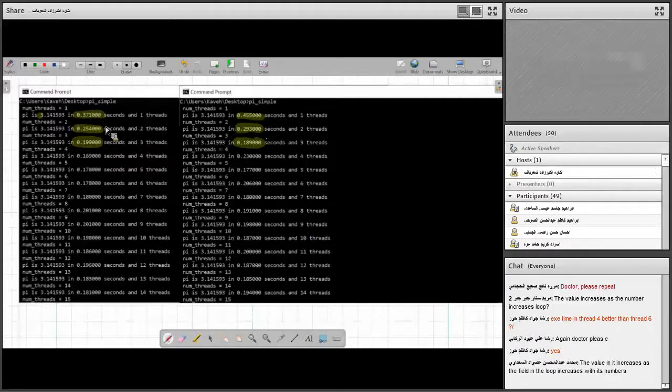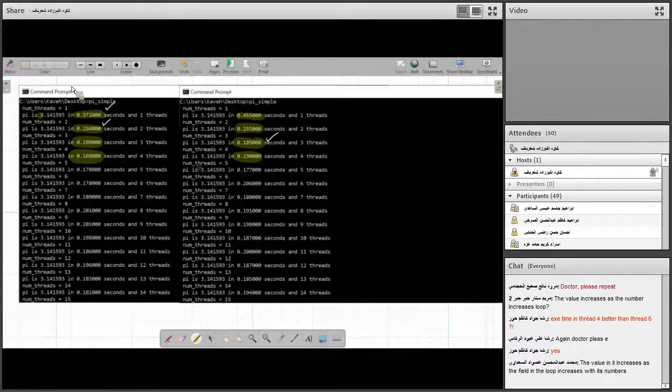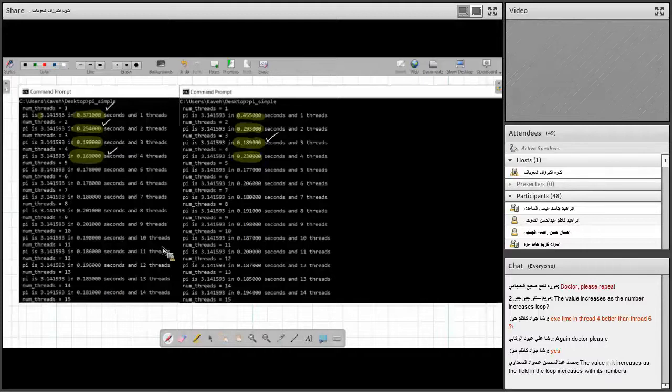This is better, this is better, this is better. For 4 threads, we have this number for the first run and this number for the second run. Which one is better? This number. You can compare the rest of the threads.